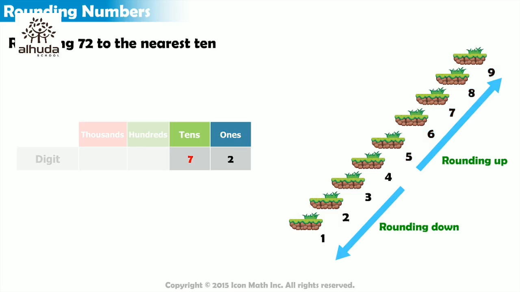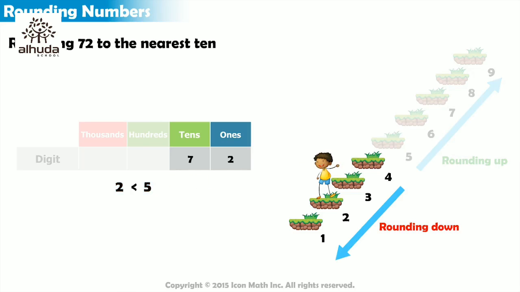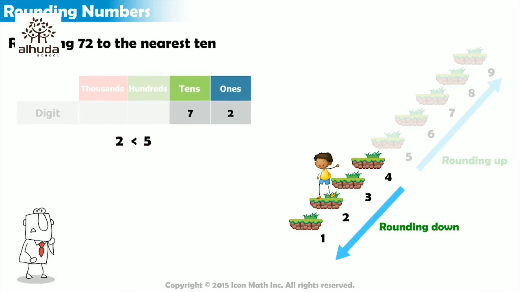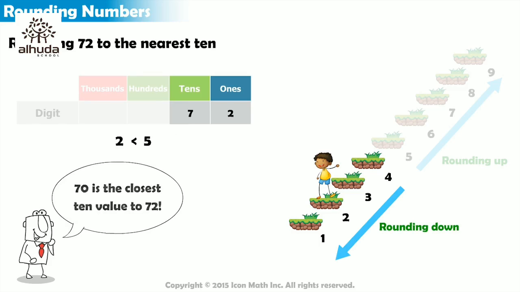We have a 7 in the tens place and a 2 in the ones place. 2 is less than 5, so we round down. Which 10 value is smaller than 72 but closest to it? That's right, 70. So we round to 70.